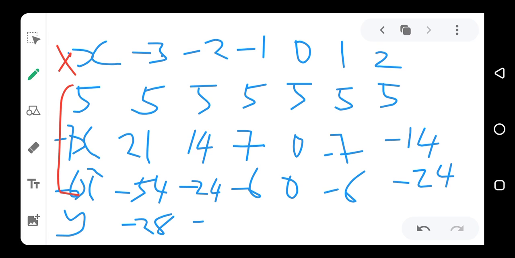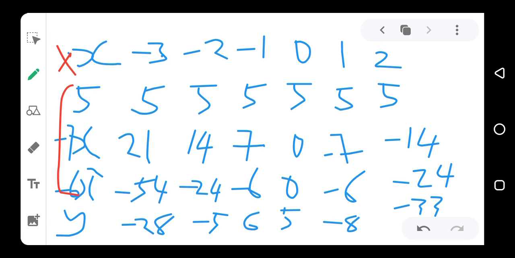Then we have minus 5, then 5 plus 0 plus 0, that is 5. Then minus 8, and the last one gives us minus 33.